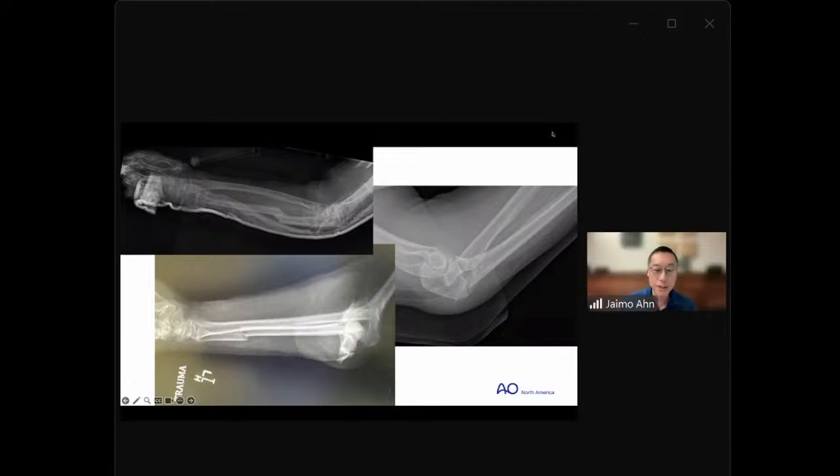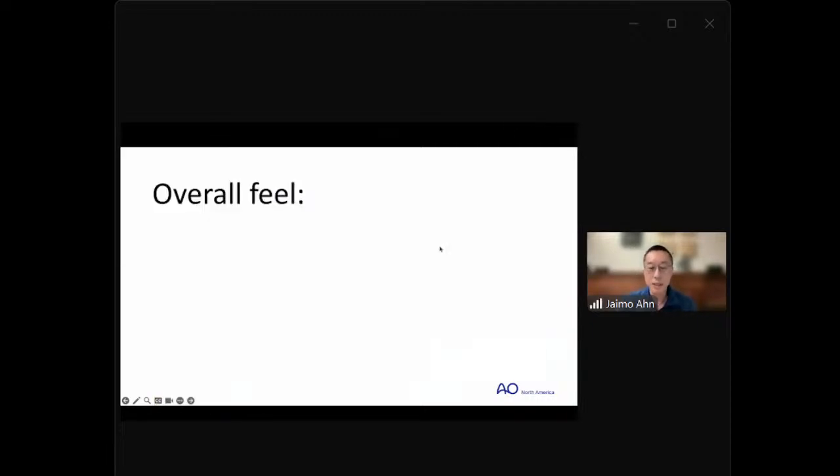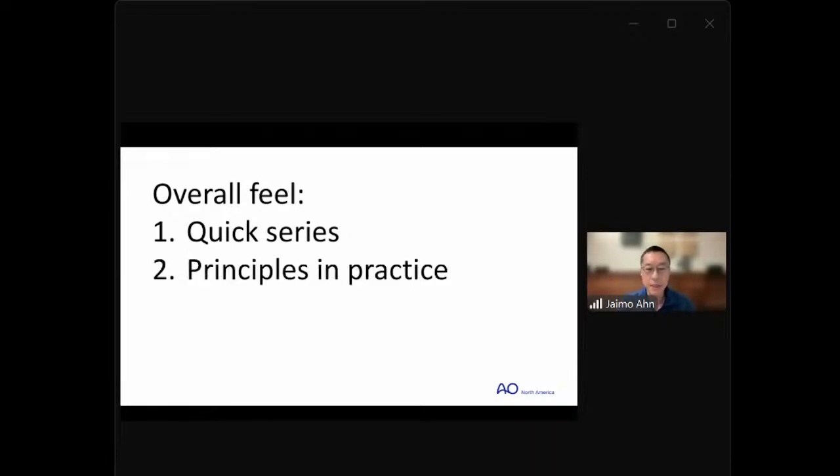So I'm not going to go through the very basics, but just think of how you would approach this. And with that said, the overall feel here is we're going to go through a relatively quick series because I want us to be able to move on by 8:40 to discuss more of the Thompson approach, which will become relevant in some of my cases as well.